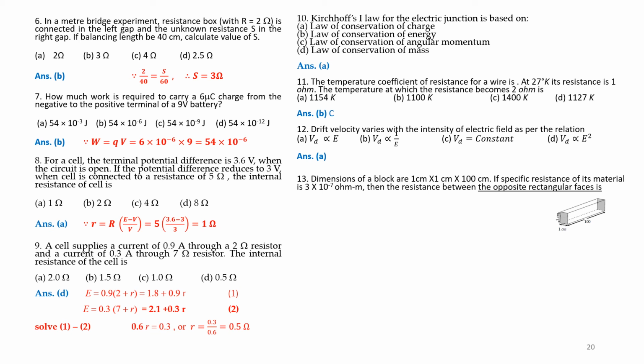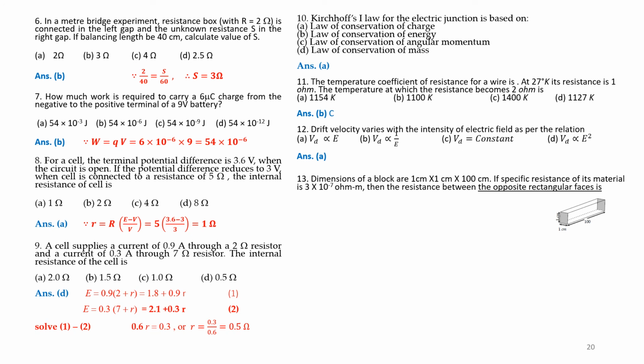Question number 13. The dimensions of a block are 1 centimeter by 1 centimeter by 100 centimeters. If the specific resistance of the material is 3 into 10 to the power of minus 7 ohm meter, then find the resistance between opposite rectangular faces. Please note here the resistance is not measured from the square area.